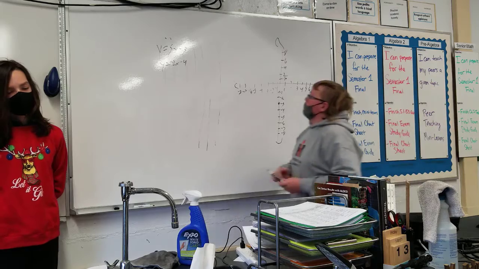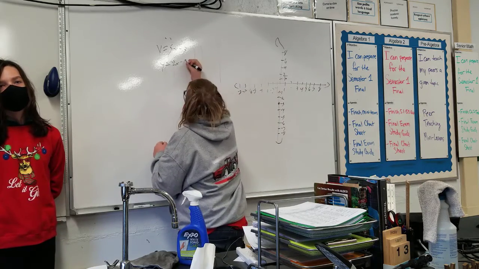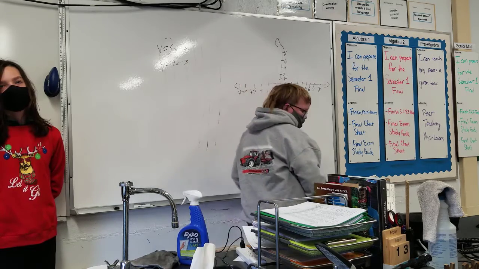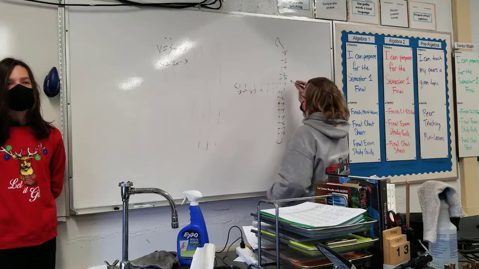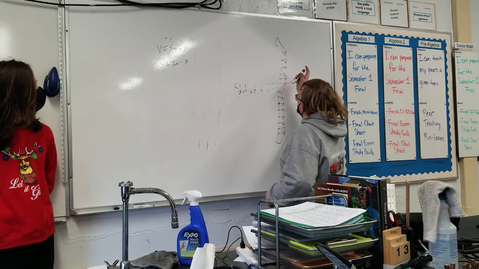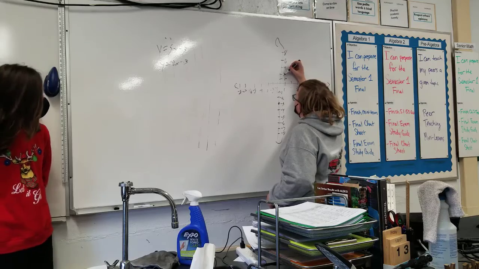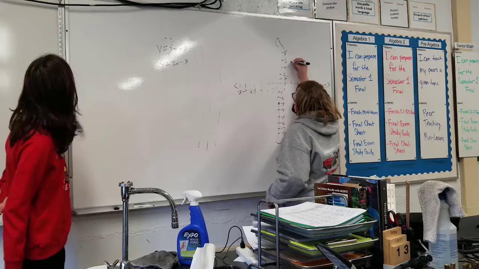That's supposed to be negative 3, I think. So there's that one fixed. So I'm going to go up there. I'm going to try to do one more. So 1, 3, 5. So right here.